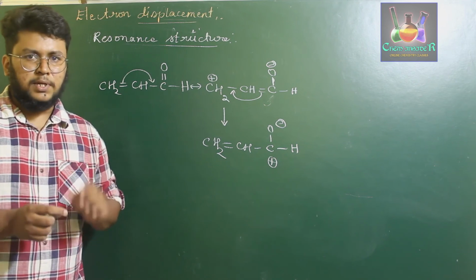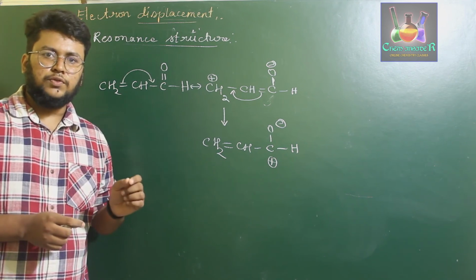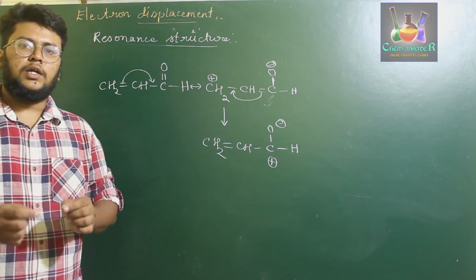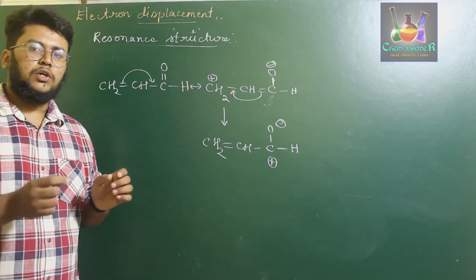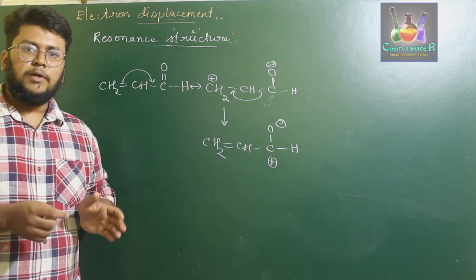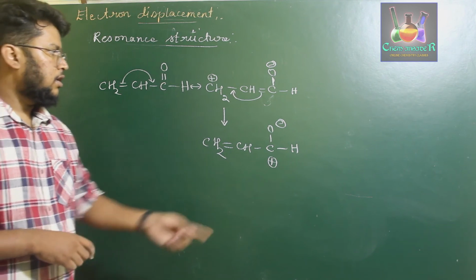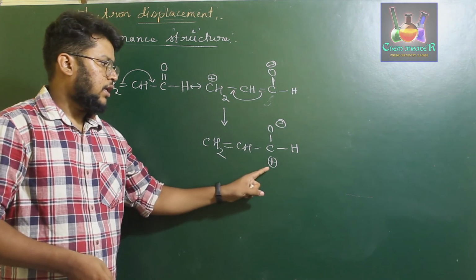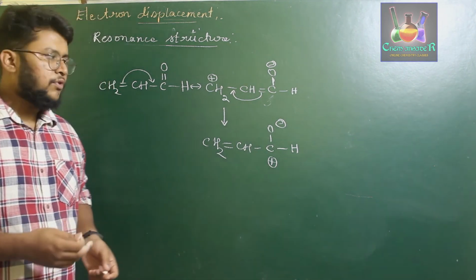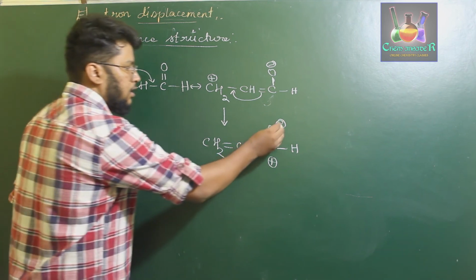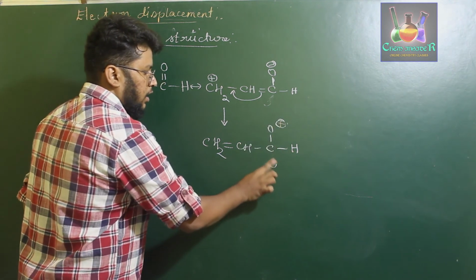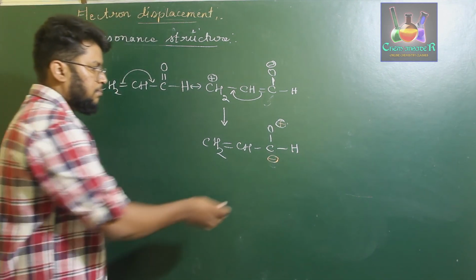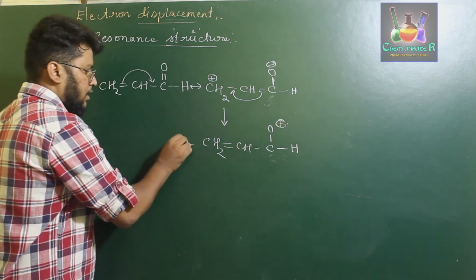If a positive charge and a negative charge are present, and you observe the positive charge on an electronegative atom and a negative charge on an electropositive atom, then that structure will be very less stable. Like for example, if you consider this particular structure, we have oxygen with a negative charge and carbon with a positive charge. What if you have a structure carrying a positive charge on oxygen and a negative charge on carbon?